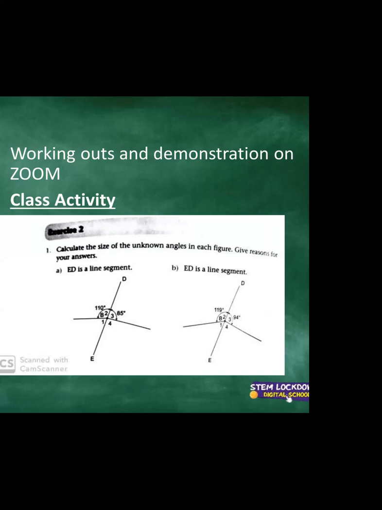E to D is our straight line. Treat it as your straight line, which is 180 degrees, and calculate the angle for B1.